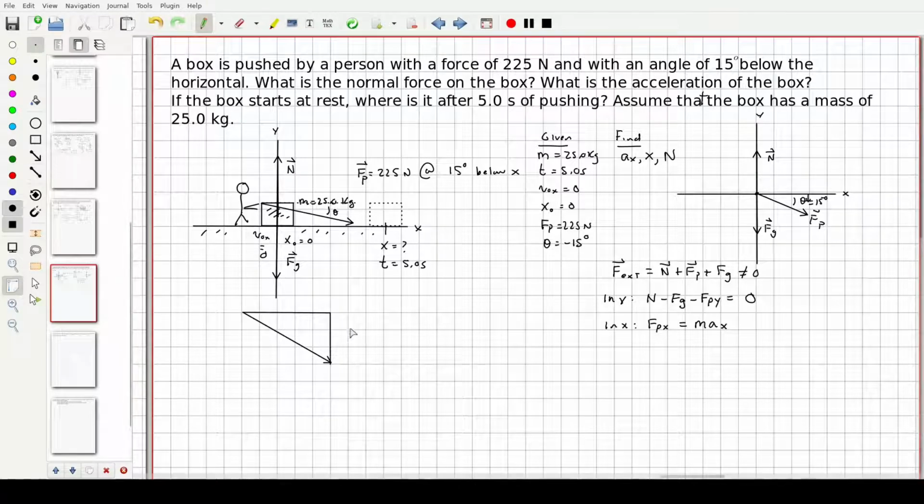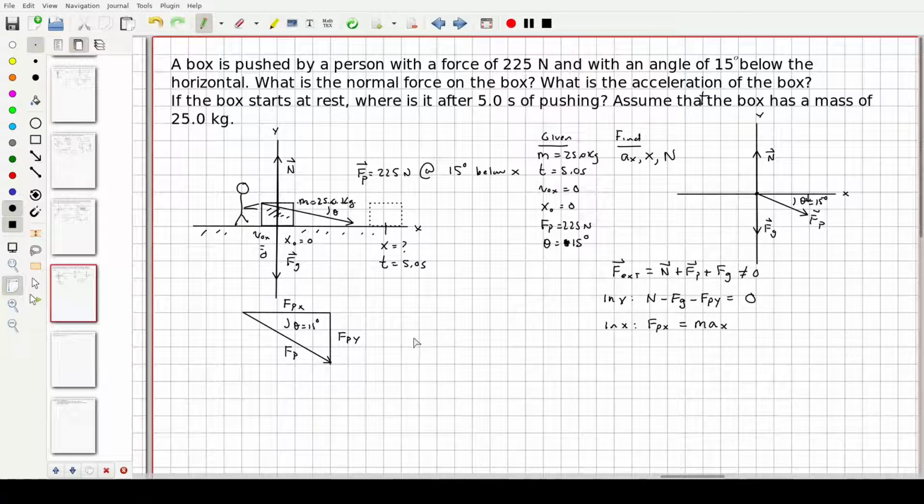So here, this would be the part of the push that's in the y direction. This would be the part of the push that's in the x direction. This right here is 15 degrees. And this right here is the push in entirety. And in fact, just to make myself clear, I'm going to scratch the negative part off the 15, just to be very clear that our angle is in fact 15 degrees, but it's just below.